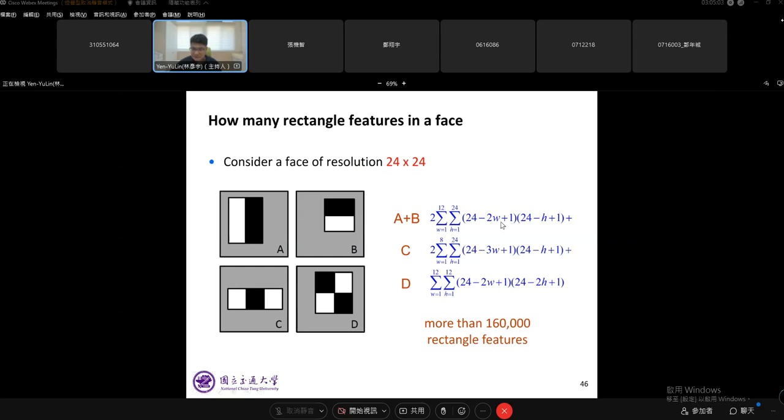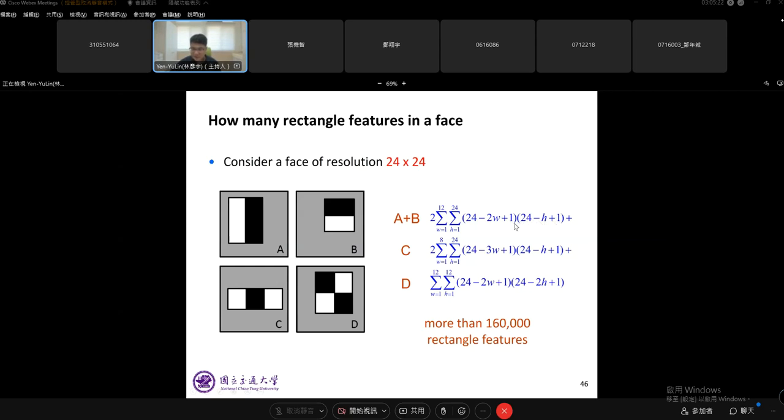Similarly, let's consider how many possible positions for such a two rectangle feature in a single column. It is 24 minus H plus 1.